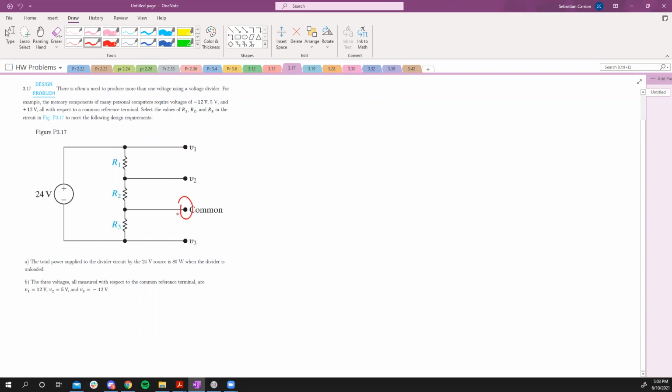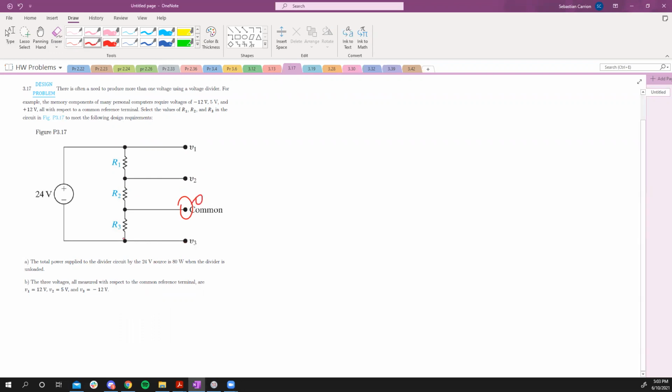Our common reference terminal is usually 0 volts, right? It's telling us the total power supplied by the divider circuit of the 24 volt source is 80 watts. So I'm going to label these nodes.